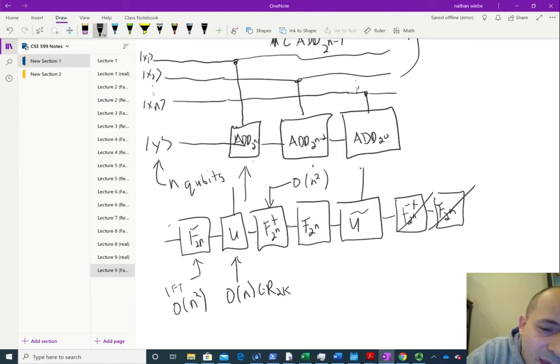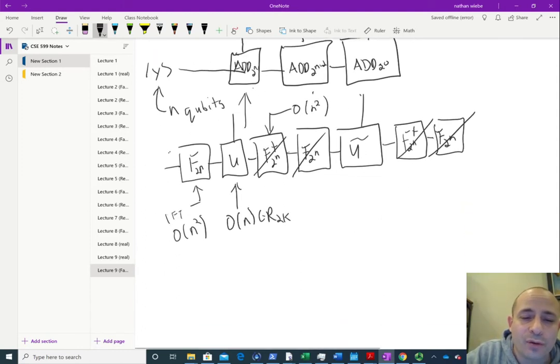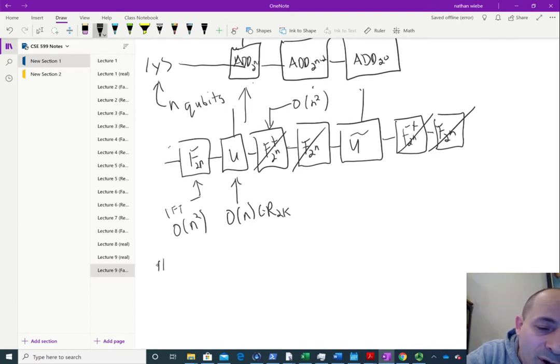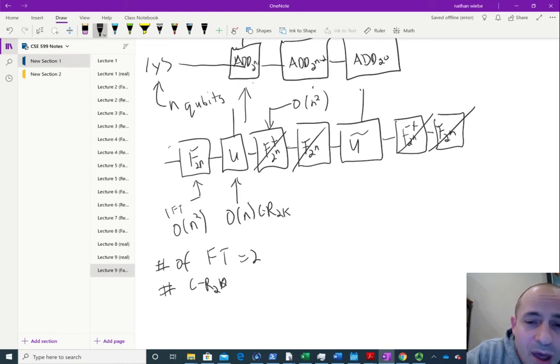And so you can see that the Fourier transforms are going to telescope in between all of the adders over here. So the total number of FTs is equal to 2, and the total number of CR2 to the P or whatever is going to be equal to order n squared.